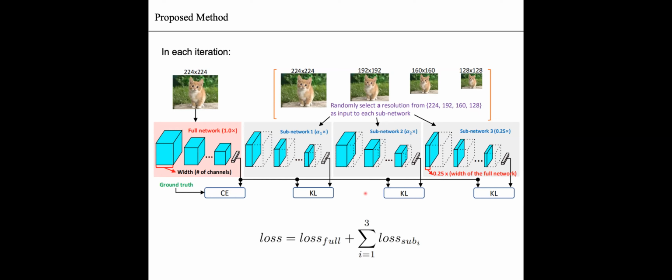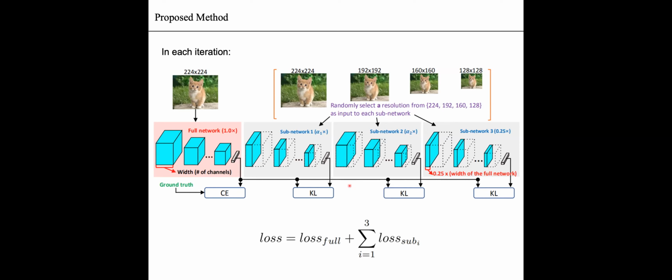To train the network, for the full network we have the usual cross entropy loss, using the ground truth labels to compute the loss. But for the subnetworks, we use the KL divergence. Basically, we use the output of the full network, which can be considered as the soft label, and we try to make the subnetwork output match the output of the full network.